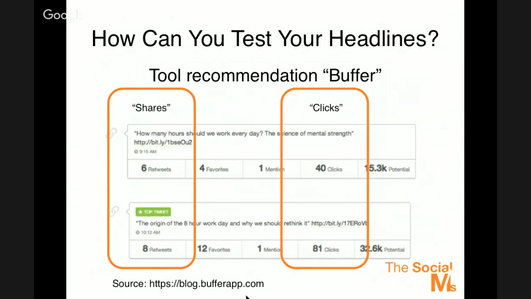And most of the time, you will probably notice that one headline or tweet text gets a lot more clicks or shares or both than the other. And what you're after is the best headline you can come up with. And the best headline is a headline that gets clicks and shares. So use your tool, Buffer, schedule two tweets with different titles and check which one works better.